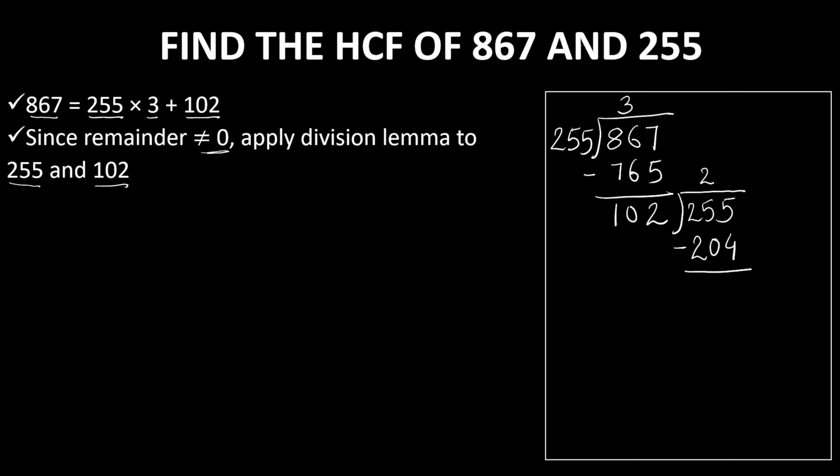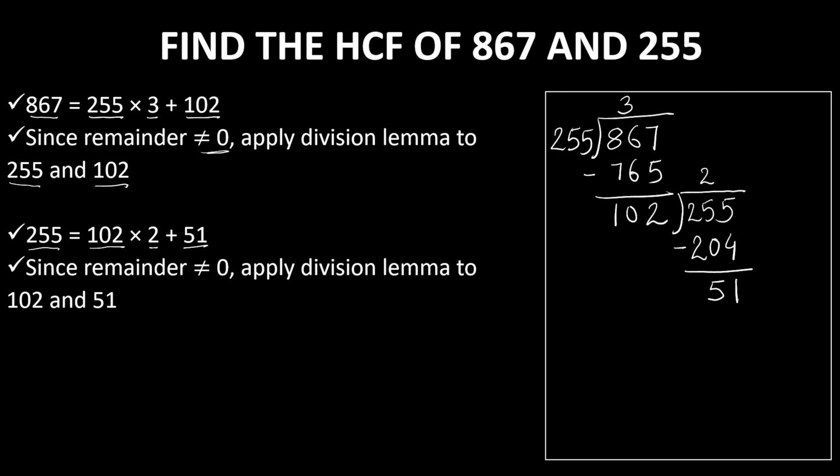On subtraction, we'll get a remainder of 51. So, we will write it down as 255 is equal to 102 multiplied with 2 plus 51. Now, since remainder is 51, which is not equal to 0, therefore, we will apply division lemma to 102 and 51 again, considering 51 as our divisor and 102 as our dividend.